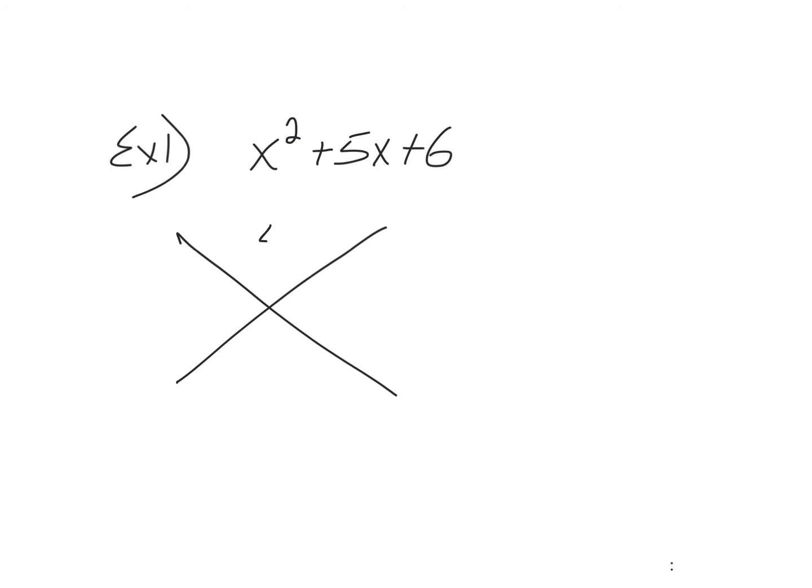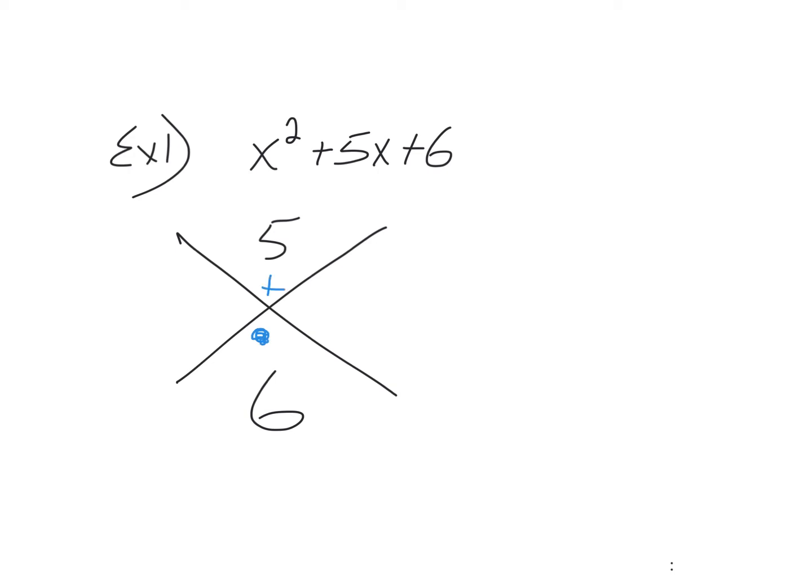We're going to put a 5 right here, and then we're going to put a times c. Now, a is always going to be 1 in this lesson, so 1 times 6 is 6. So what we're looking for is two numbers that multiply to get 6 and that we can add together to get 5. Just as a reminder, I could put a dot here for multiplication, and then up here we're adding them.